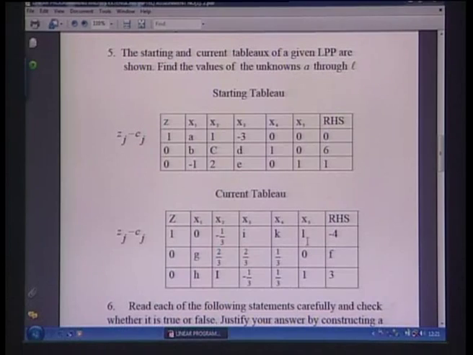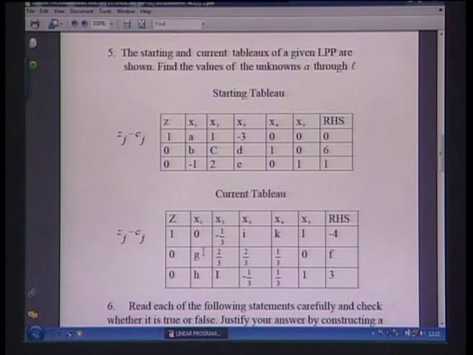Then you can compute. Here, I have not given you C1. C1 is an unknown right now, small a, but it is actually minus C1, because this is Zj minus Cj. In the starting tableau your Cb's are all zeros, therefore the top row actually is minus Cj, and minus a is your C1.